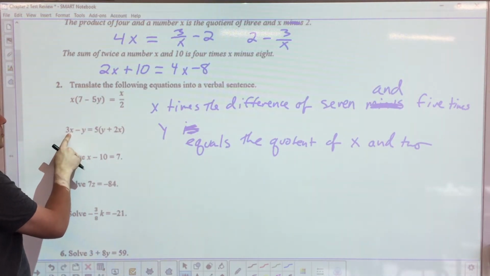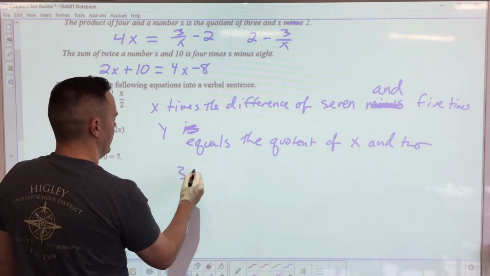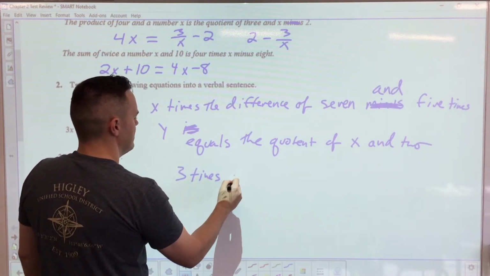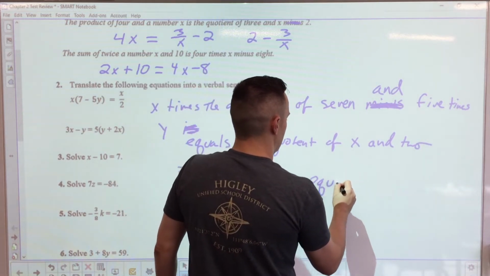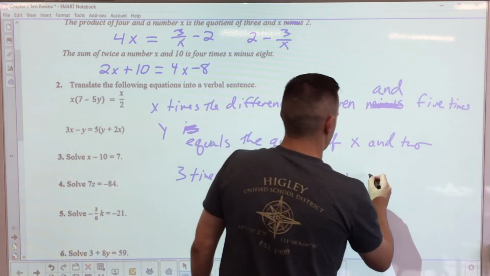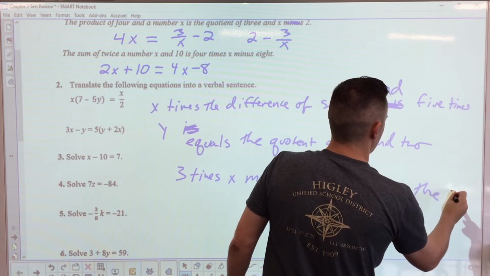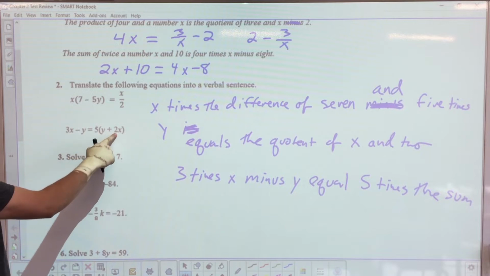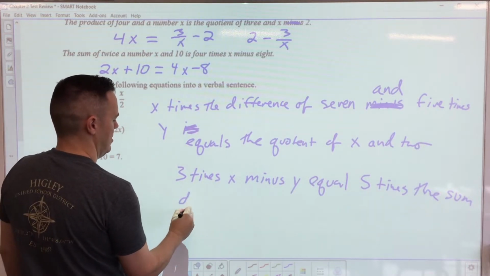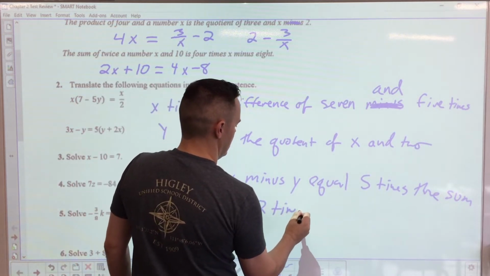It's going to be 3 times x minus y. All right, so 3 times x minus y equals, so hopefully I'll write that out just in case, 3 times x minus y, and it's going to equal 5 times the sum of y and 2 times x.